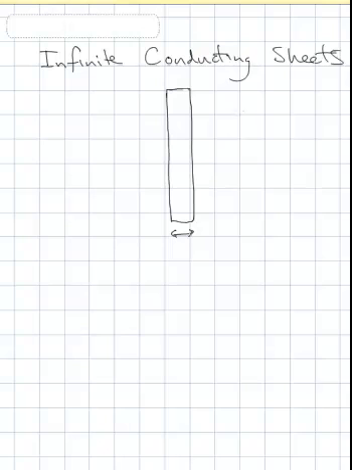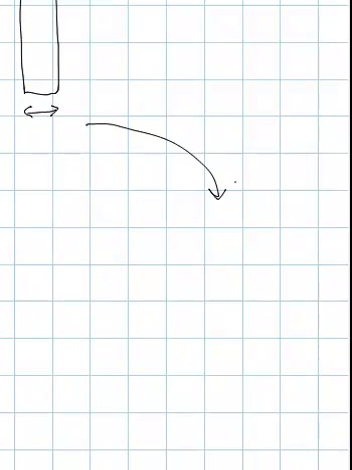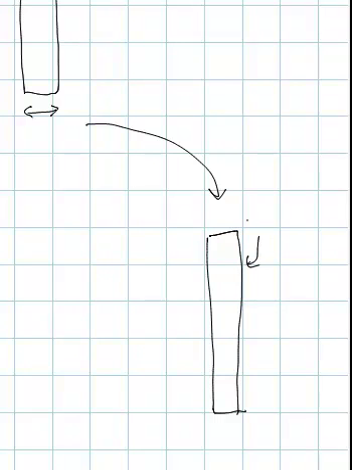So let's pretend for an instant that we could put a bunch of charge on the right surface. Let's say plus 4 coulombs per meter squared on the right surface. Well, our intuition tells us that charges are free to move on a conductor, and like charges want to get as far apart from each other as they can, and on a solid conductor, the charge always ends up at the surfaces.